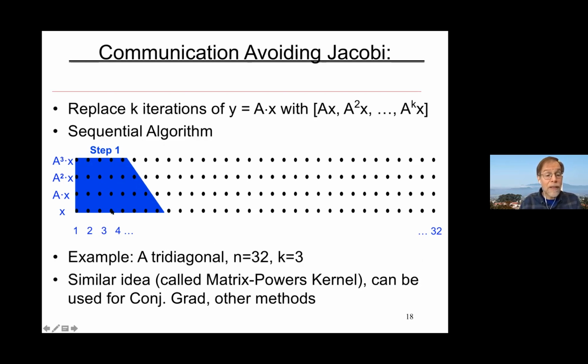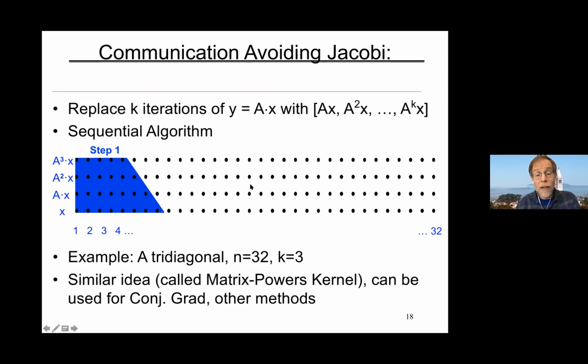But now this is much, much smaller, and so I can potentially keep all of this in memory at the same time. So I read in this, and I update that, I update that, I update that, and there's no more memory traffic. All of this can be done with 1 read, and I can take not 1 step of Jacobi, but 3 steps of Jacobi. So this is the progress: I'm reading this bit once, and I'm taking multiple steps of the Jacobi algorithm.